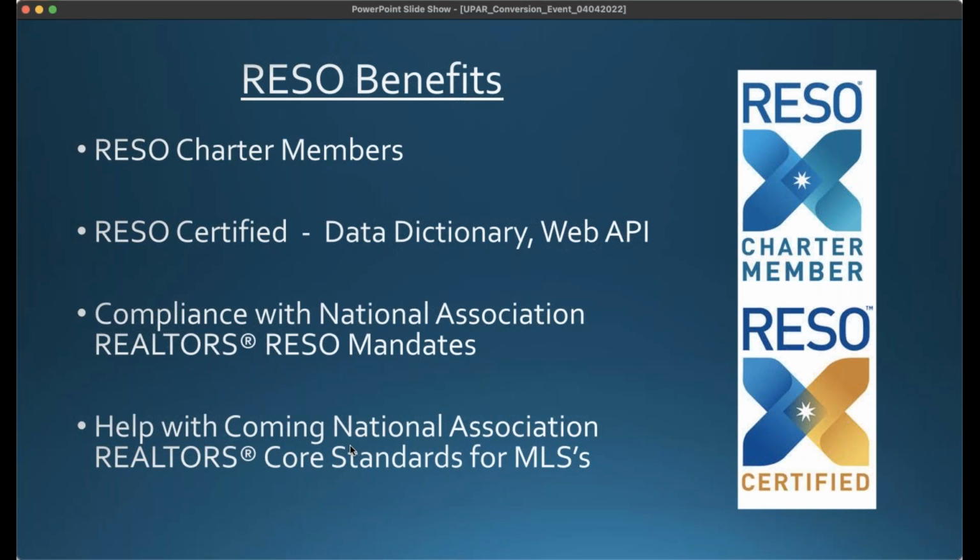Now, that doesn't mean that we can't have unique fields. It's just that if there's a place for them under the standard fields, we have to move in that direction. So that could include changing certain field names and introducing new fields. These are changes that are required under NAR.